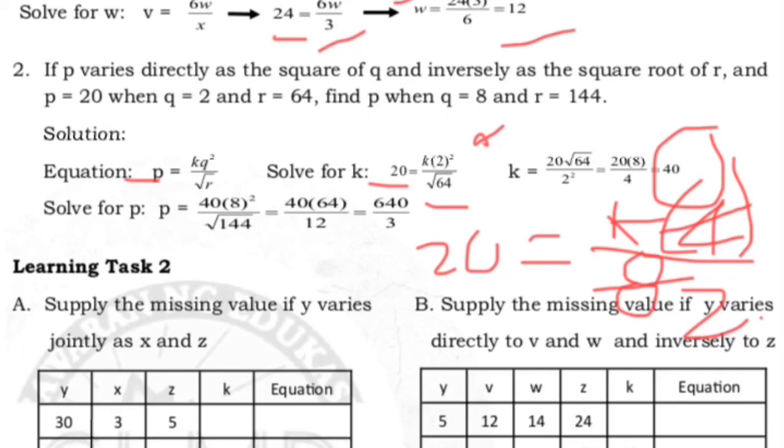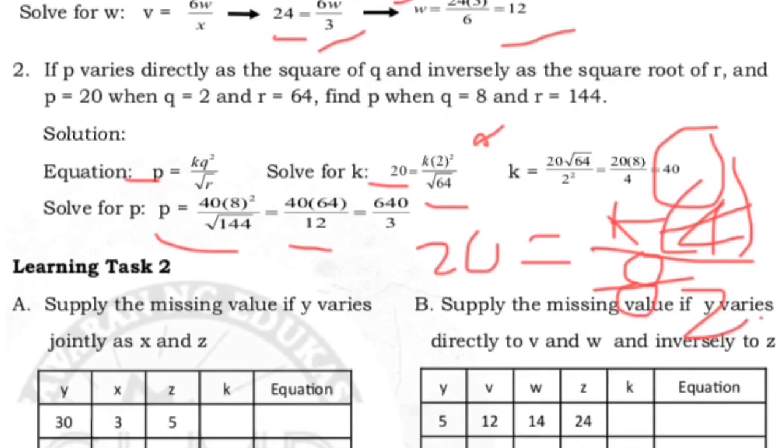So to solve for P, find P when Q is equal to 8 and R equals 144. So we'll just use the equation P equals 40 Q squared over square root of R, since our constant K is 40. So 8 squared is 64. Then square root of 144 is 12.